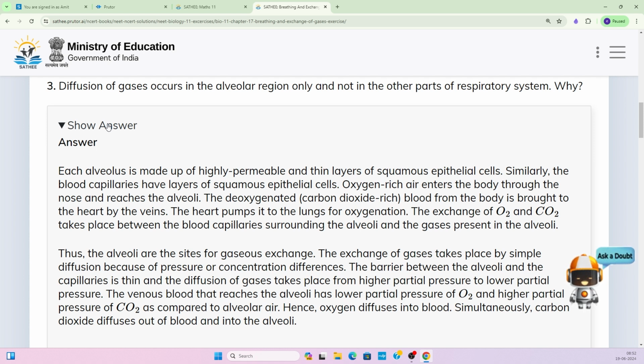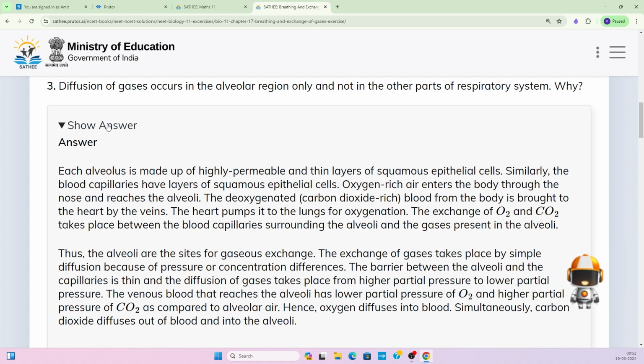The barrier between the alveoli and the capillaries is so thin that diffusion can take place. Oxygen will move from alveoli to the blood capillaries, and carbon dioxide will move from blood capillaries to the alveoli region, right? The exchange takes place by simple diffusion because of the pressure or concentration differences.